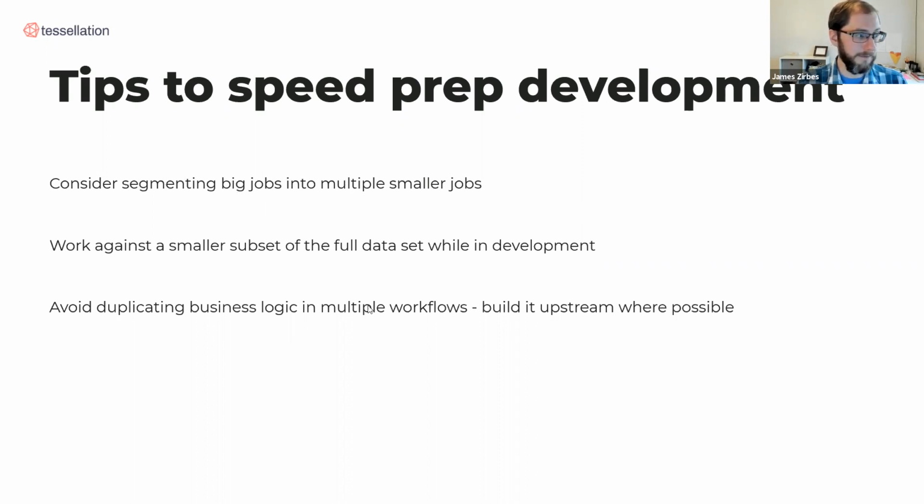On the other hand, if you can either build that logic upstream of the 20 processes that you've split out, so that it happens before all of the rest of them do, or build it in a centralized way, so you just have one place where it's updated, then it's just that much less that you have to maintain over time if something changes, or when something changes, because change is inevitable, right?